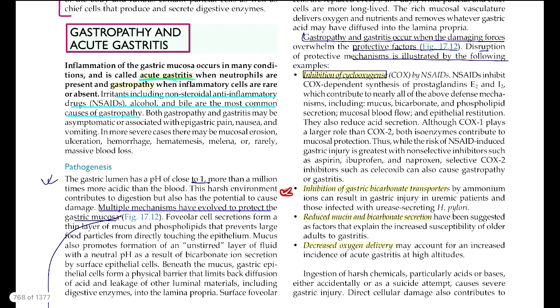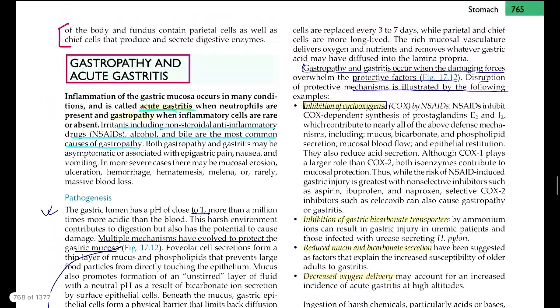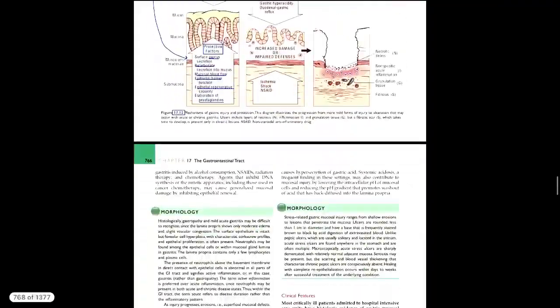Similarly, inhibition of the gastric bicarbonate transporter matters, since bicarbonate neutralizes HCl, a damaging factor for the stomach. Similarly, reduced mucin and bicarbonate secretion, and decreased oxygen delivery to this region, are also risk factors for gastropathy.